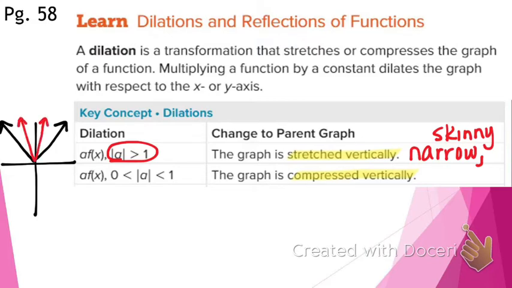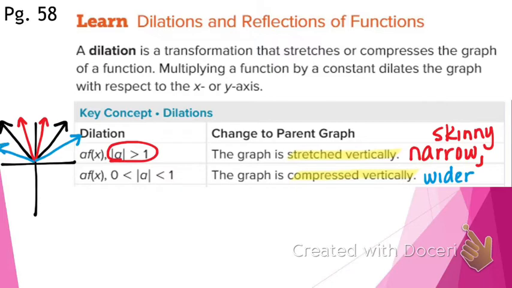See how that V gets skinnier, okay? That means it was stretched. If it's compressed, it gets wider. So you can kind of tell from looking at a graph because it's going to look wider. So an absolute value that is compressed might look something like this.